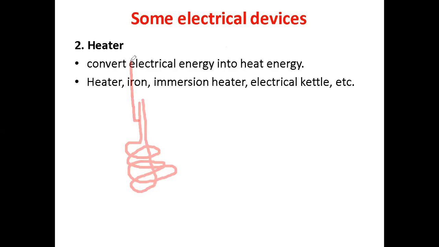There is a handle and it is kept inside water. This is for heating water. Another is the electric kettle, used to boil water. These types of equipment are used as heaters. These are examples of heaters.